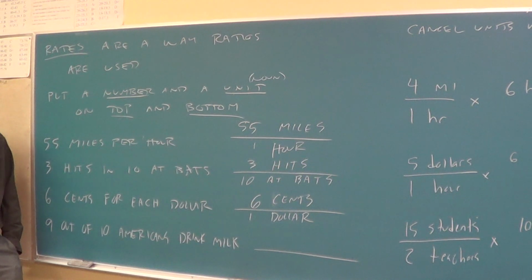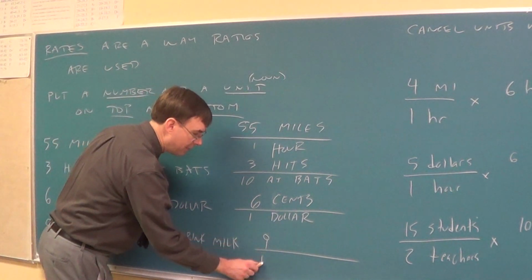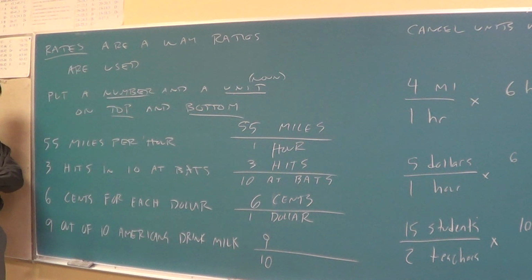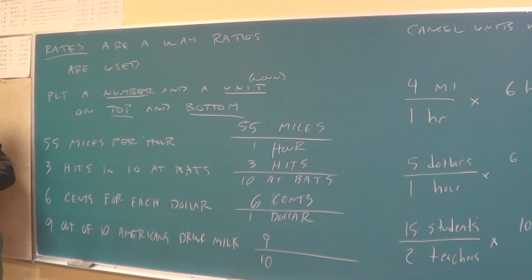It shouldn't take that long to do the numbers. 9 on top because it's first. 10 on the bottom because it's second. Sometimes what trips people up is the units. So we'd have to be either brave or wise or both. Anybody have a thought on something to put somewhere?